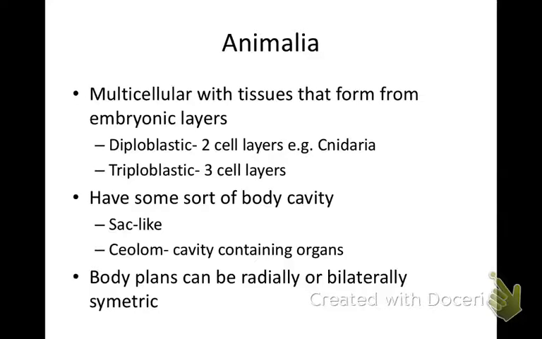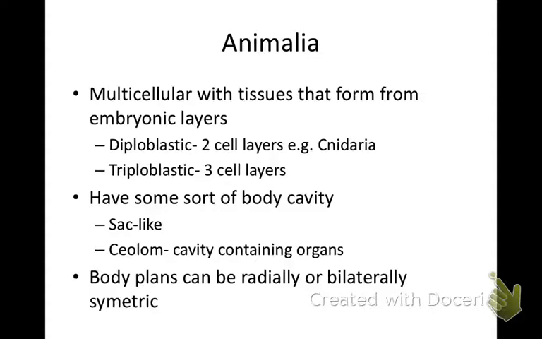So the Cnidaria, the things like jellyfish and sea anemones, develop from 2 embryonic cell layers, and all the other animals develop from 3 embryonic cell layers.